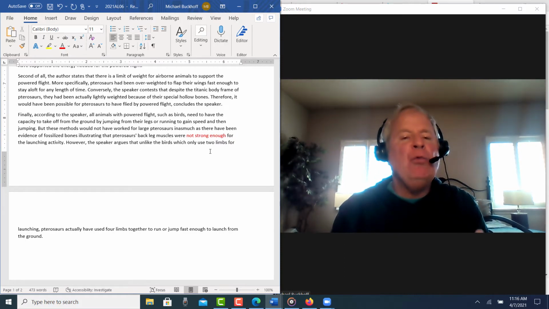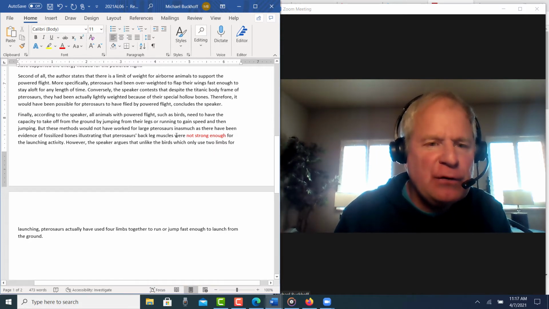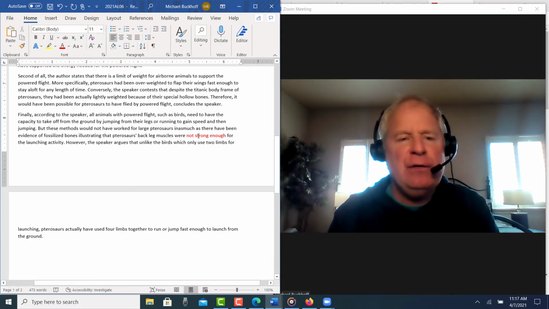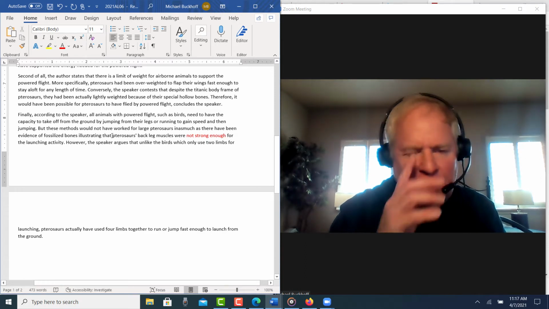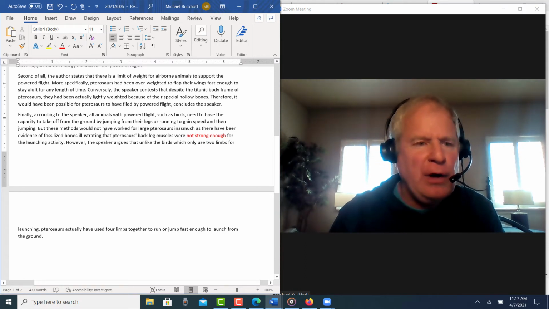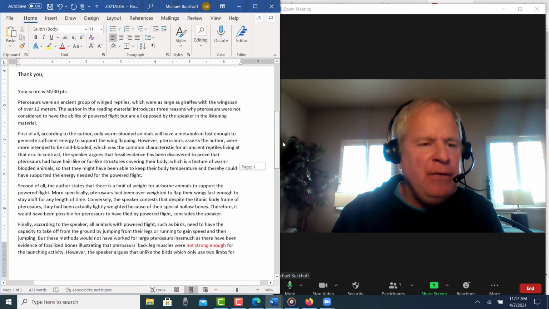You want to say would not have been strong enough. I'm going to say were not strong enough because it looks like this is more of a certainty. So illustrating the evidence of fossil bones illustrate the pterosaur's back leg muscles were not strong enough for the launching activity. Right? That's the only grammatical correction I made in the entire essay.